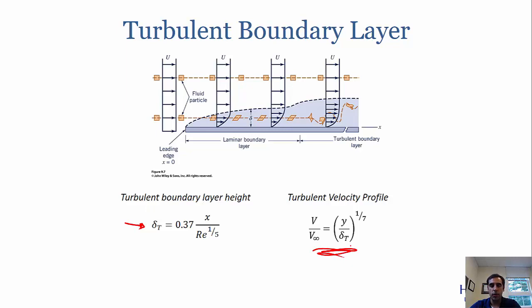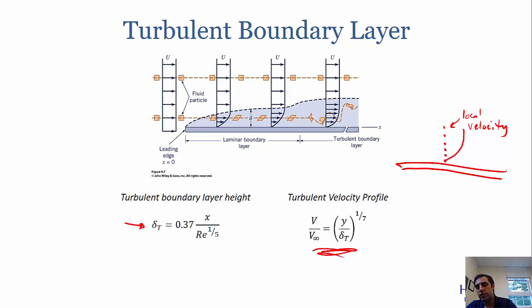And so what we're going to be doing in the lab is taking a flat plate and placing pitot-static probes at varying heights. At each one of these positions, we're going to be able to get the local velocity, and so ultimately, we're going to be able to determine what this profile is.